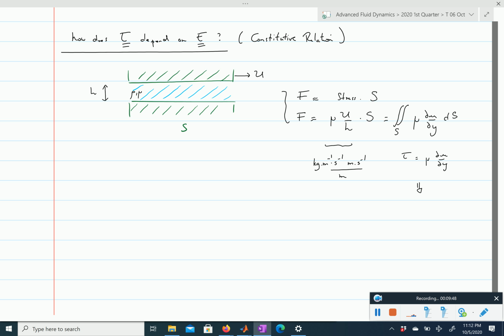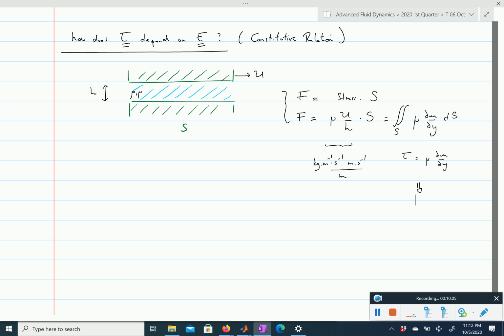And that is actually the definition for a very broad range of fluids, which are called Newtonian fluids, and which are the fluids you have the most experience with: water, air, oil, all of these are Newtonian fluids.